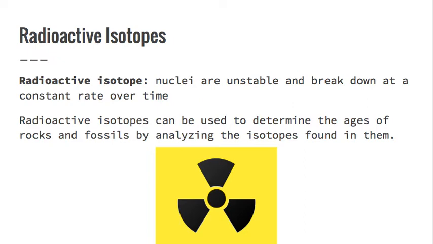So if there's carbon-14, which means it's a carbon atom, but instead of weighing 12 like it normally does, having a mass weight of 12, it has a mass weight of 14, meaning it has 2 extra neutrons in the nucleus. We use that carbon-14 to analyze the age of the rock or the fossil.